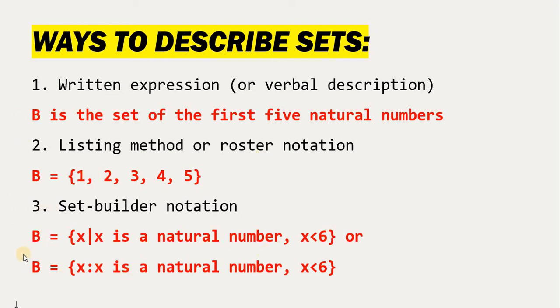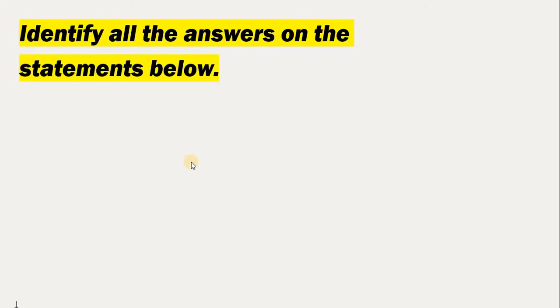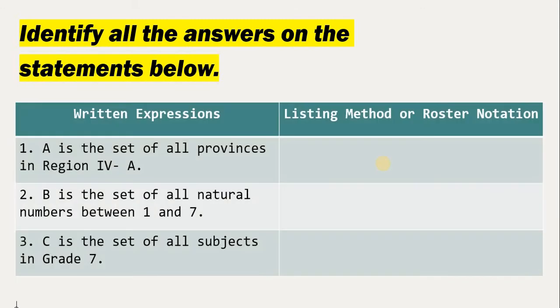Take note na pwede tayong gumamit ng kahit anong capital letters, okay, para sa set. Now, identify all the answers on the statements below. Tingnan natin kung kahit paano ay nauunawaan na natin yung idea or concept ng set. Ito yung written expressions given na. And then tayo yung magbibigay ng listing method or roster notation. So, ito yung gagamitin natin sa ngayon.